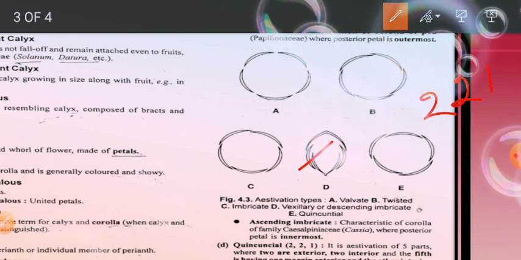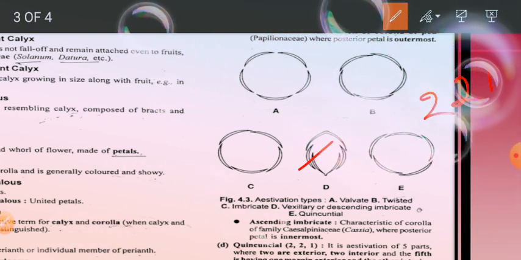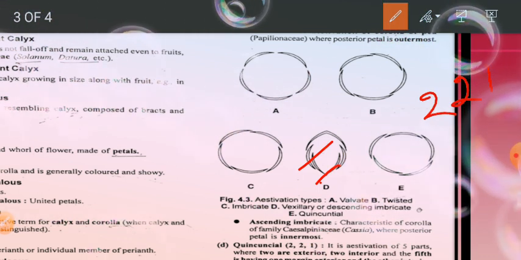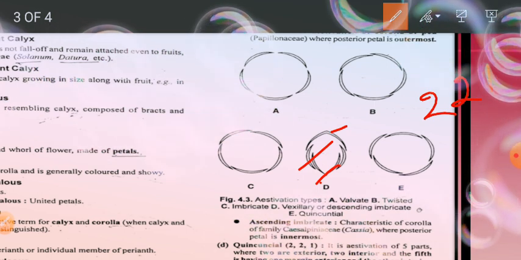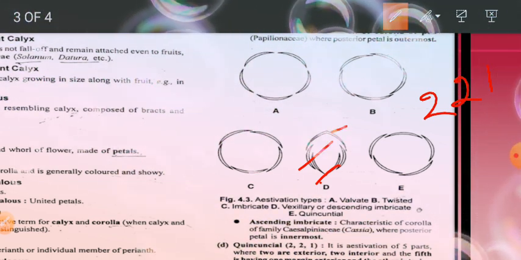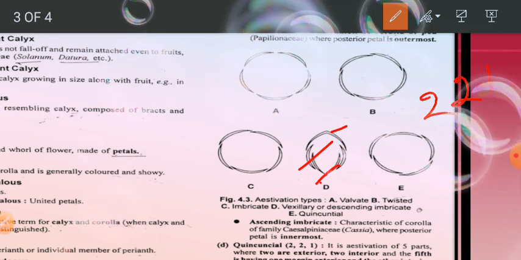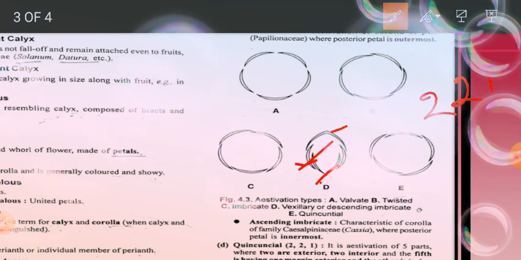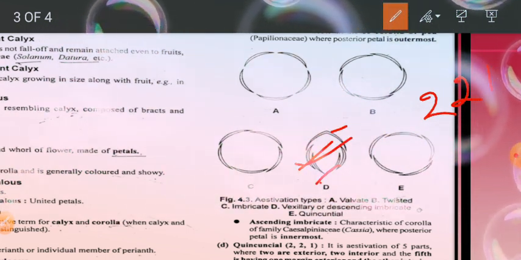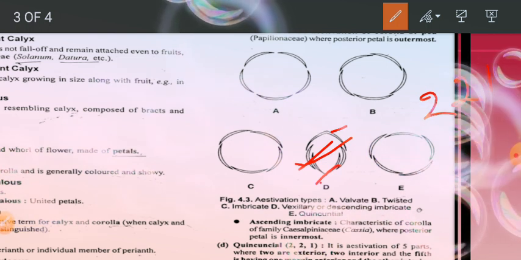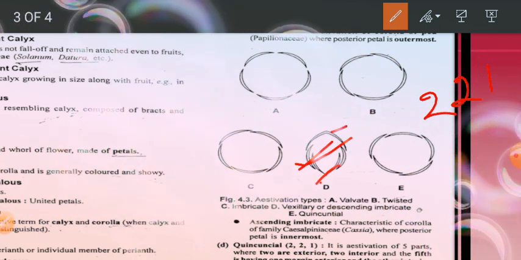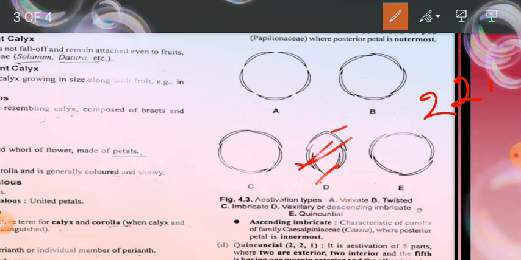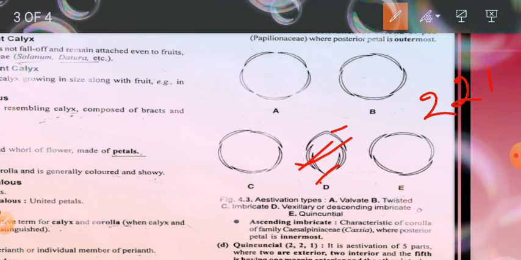So 2 to 1: first two are interior, then two are exterior, then one has one margin exterior and one interior. Here in this figure you can see the distribution of the quincuncial type.